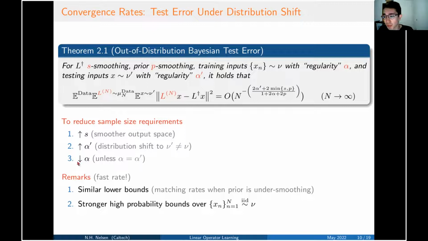And most importantly is the last one. So this tells us that your training data should be very rough to get a good convergence rate. And this is actually quite in contrast to what a lot of people do these days. So we need to take the smoothness of our training data to be rough.